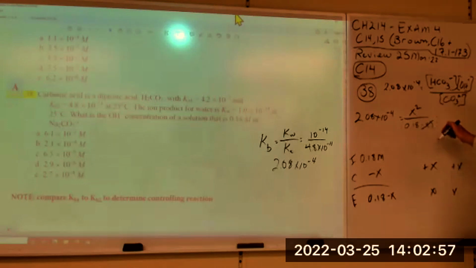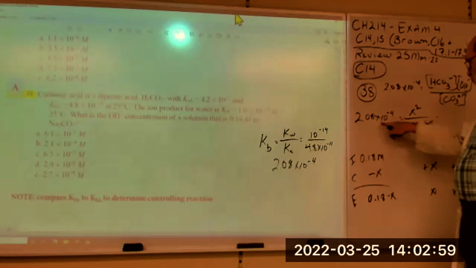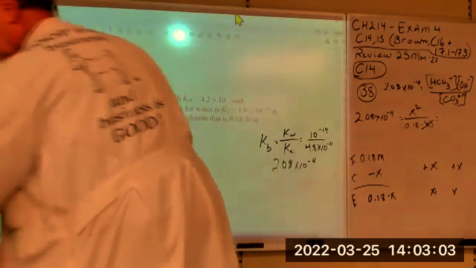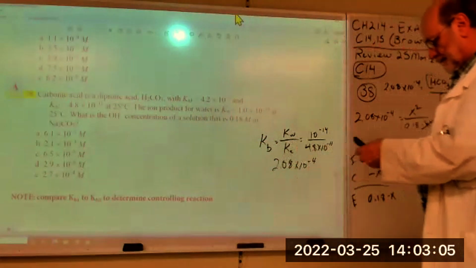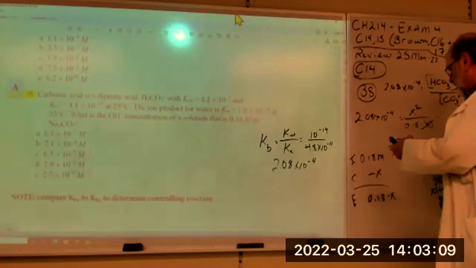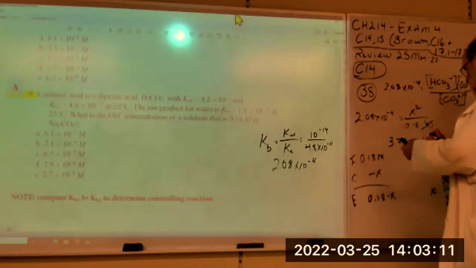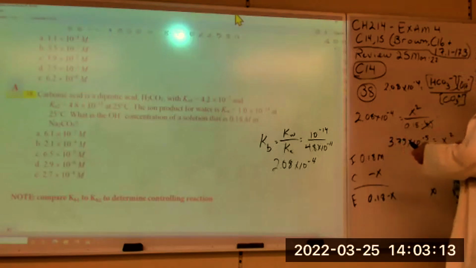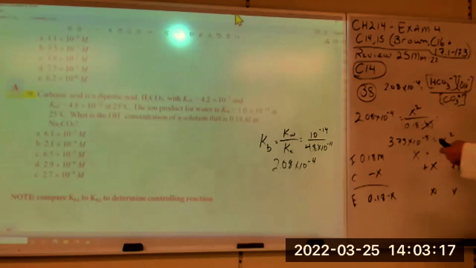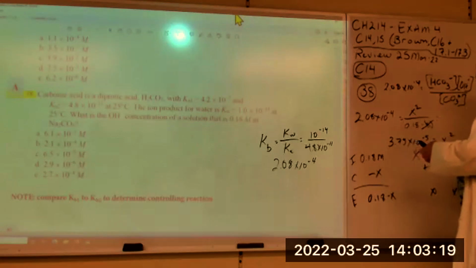So we can say that's gone, and we can say now this one times that one, 0.18, is over here on this side, 3.75 times 10 to the minus 5 equals X squared. And that X then is the square root of that value, which is 6.12 times 10 to the minus 3.